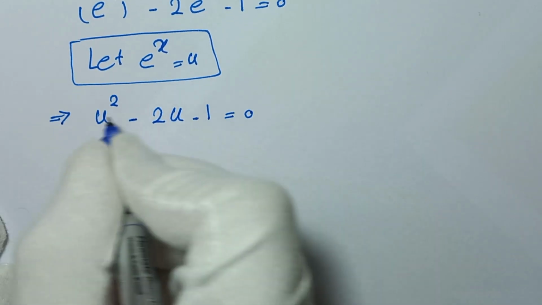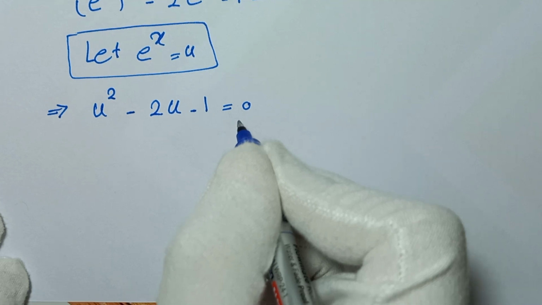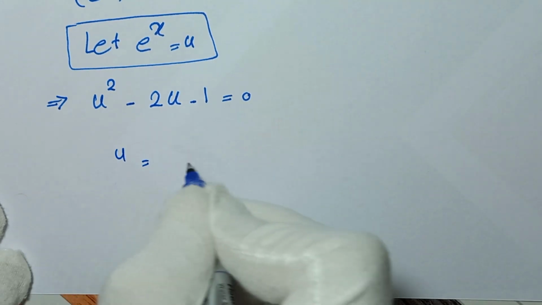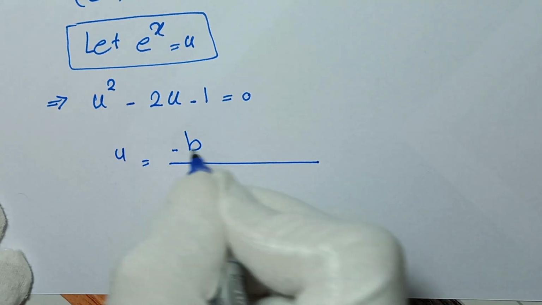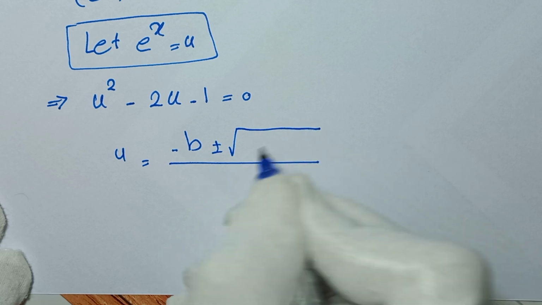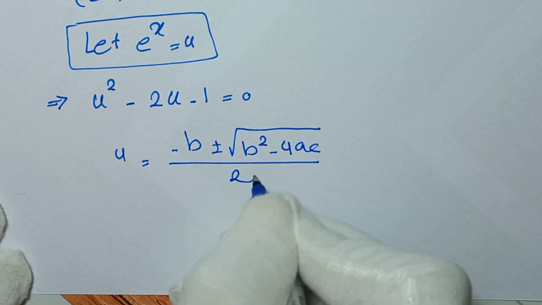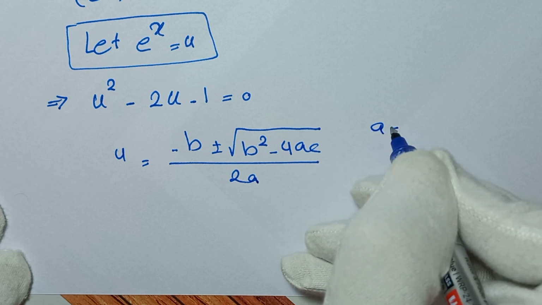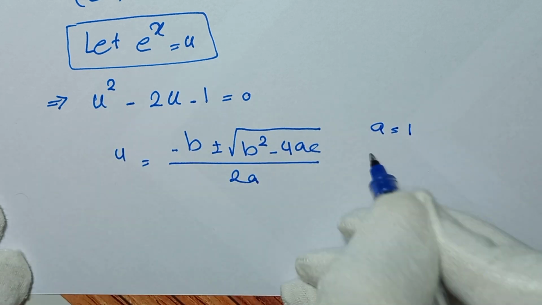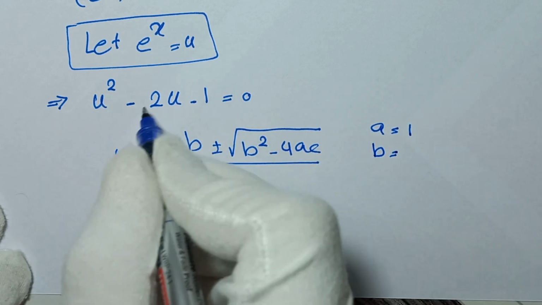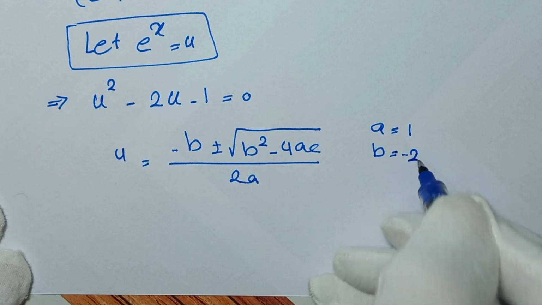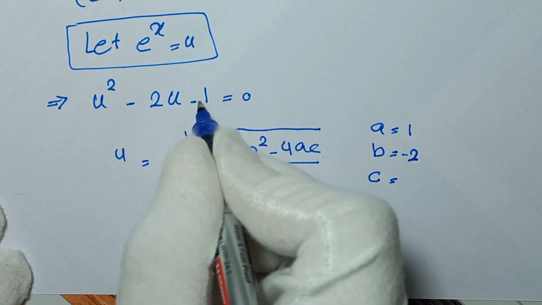So here we have a quadratic equation and we use the quadratic formula, which is u = (-b ± square root of (b^2 - 4ac)) over 2a, where a is the coefficient of u^2, which is 1, b is the coefficient of u, which is negative 2, and c is the constant, negative 1.